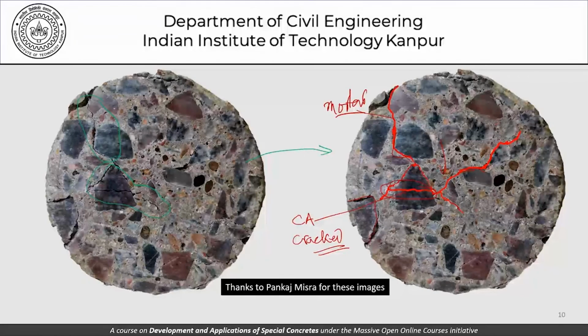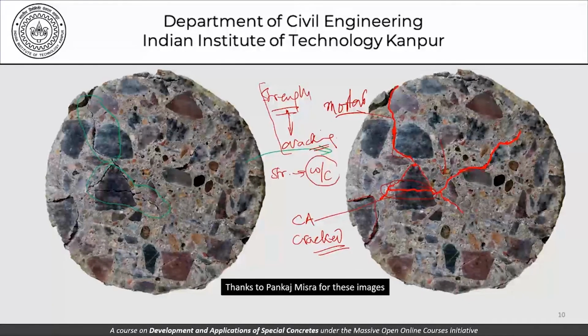So keep in mind that when you talk about the strength of concrete, strength and cracking are related. Since they are related and crack propagation is taking place through the mortar, that really gives credibility to our belief that strength is related to water cement ratio.